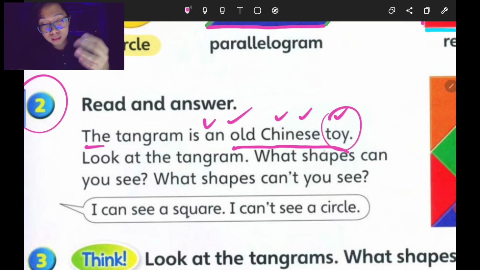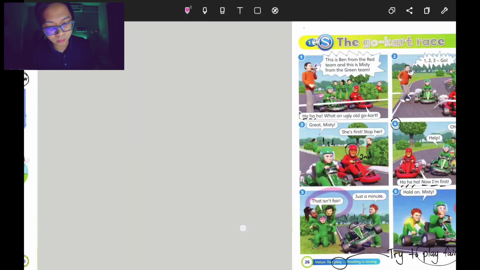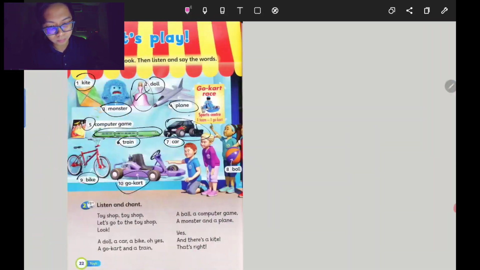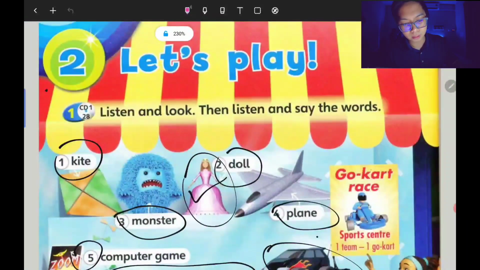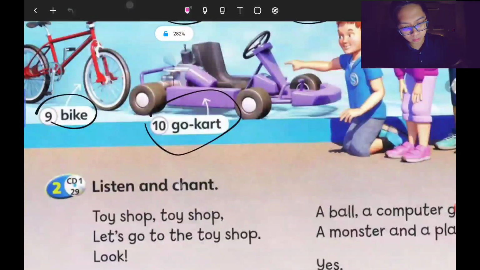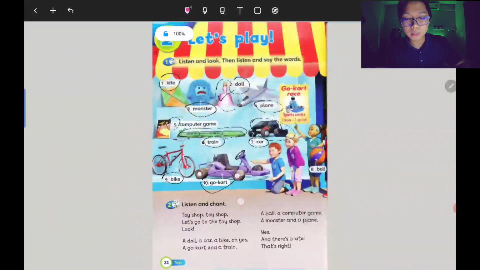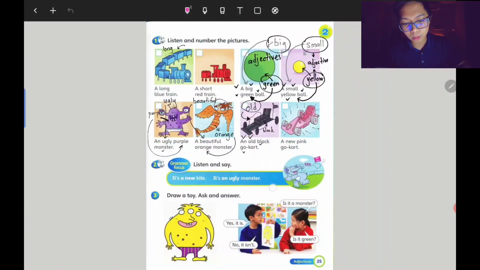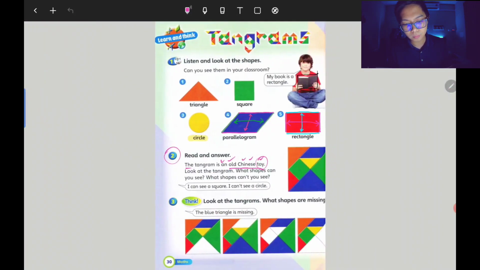And the toy, since we are still on unit what is it, unit 1 or unit 2, let's play. Okay, let's play, and mainly we are learning about the toys. Okay, kebanyakannya kita belajar mengenai mainan. Okay, page 22. But on Supermind book we are also learning about the old Chinese toy.